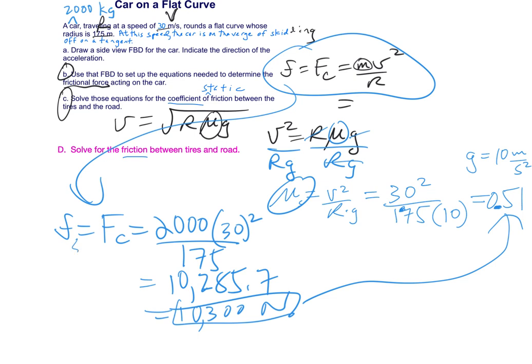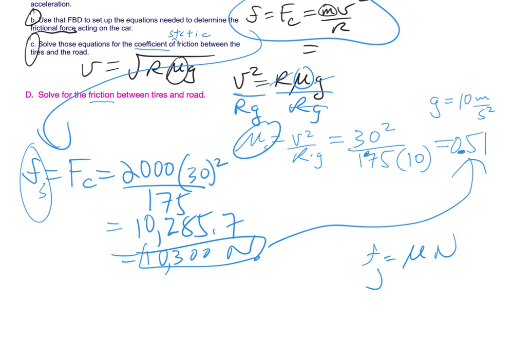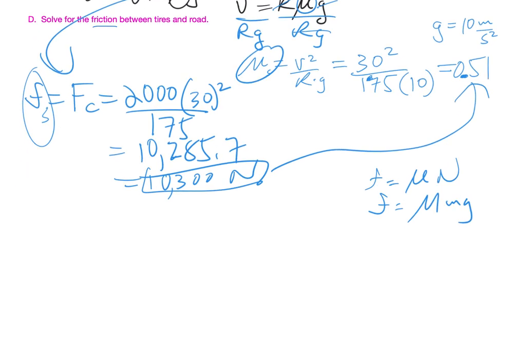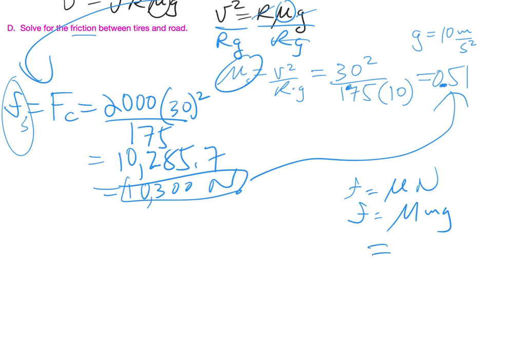They're related by the equation F equals mu times N. You could solve it that way too. So it equals 0.51 times the mass, 2,000, times 10.